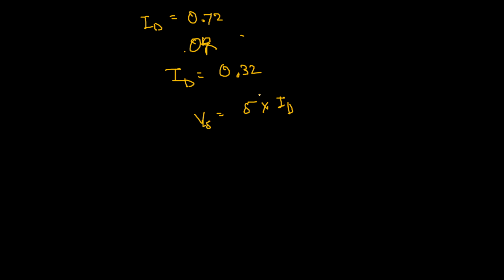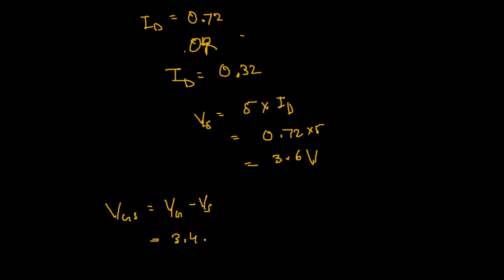If ID is 0.72, I get VS to be 0.72 into 5, which is 3.6 volt. Then VGS is VG minus VS, where VG was 3.4 and VS is 3.6. So you can see here, VGS is lesser than VT. So this is obviously not the correct value of ID.